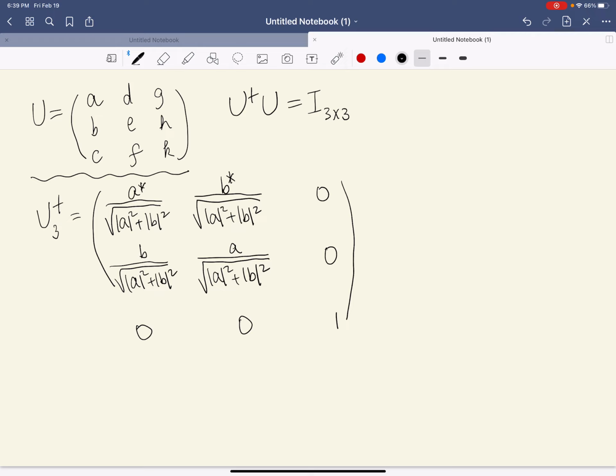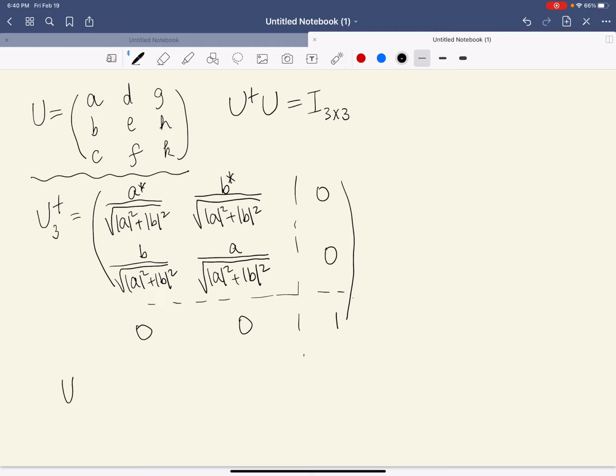Okay, so this is in block diagonal form, which makes this effectively a 2-dimensional unitary matrix.